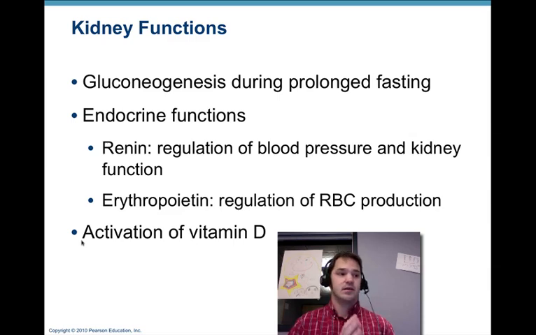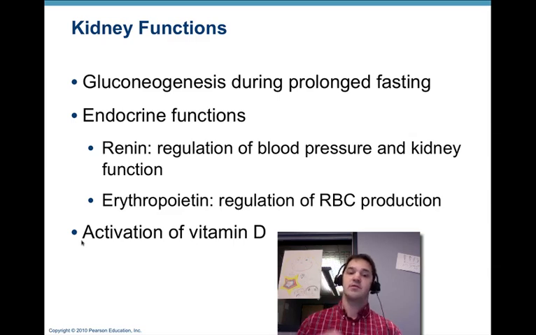Gluconeogenesis is forming new glucose from other products when glucose is not coming from the diet. So if you're starving, the kidneys can synthesize new glucose for quick energy sources. And then the kidneys also produce two hormones, renin and erythropoietin.